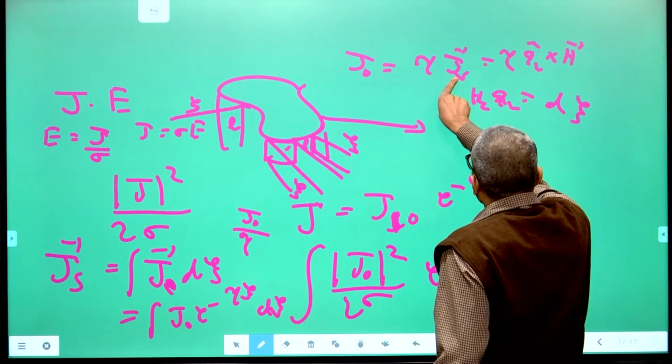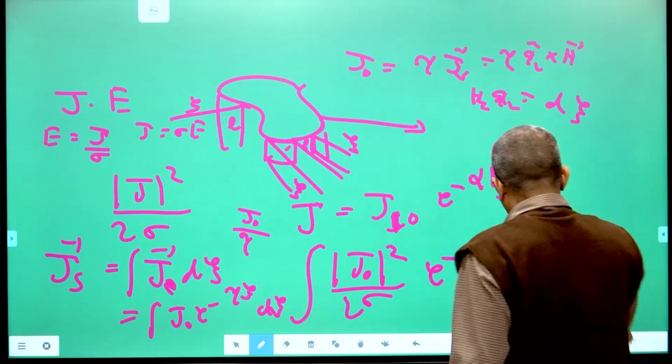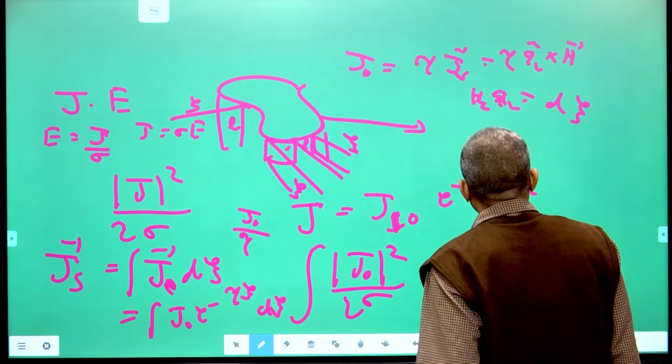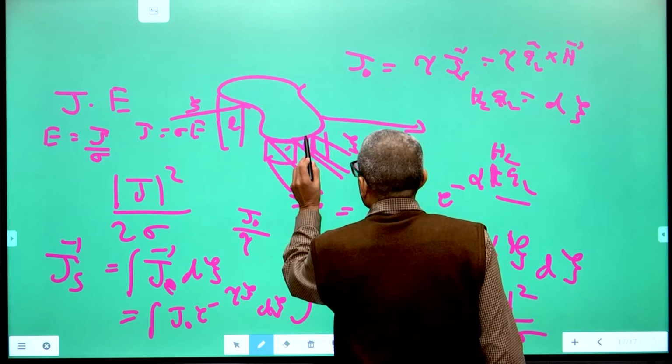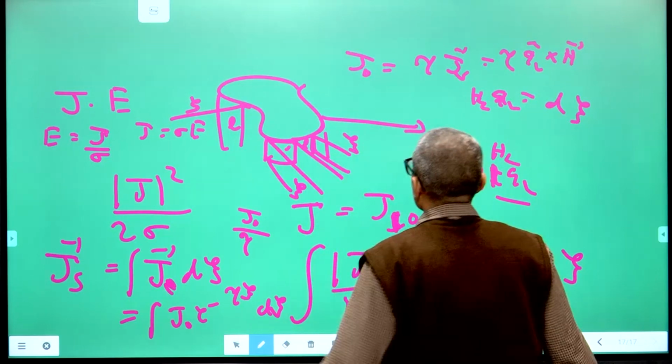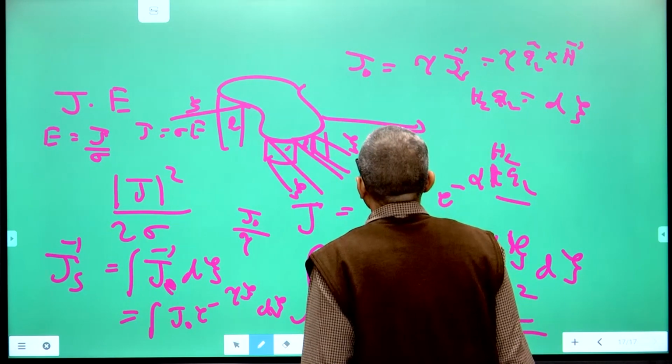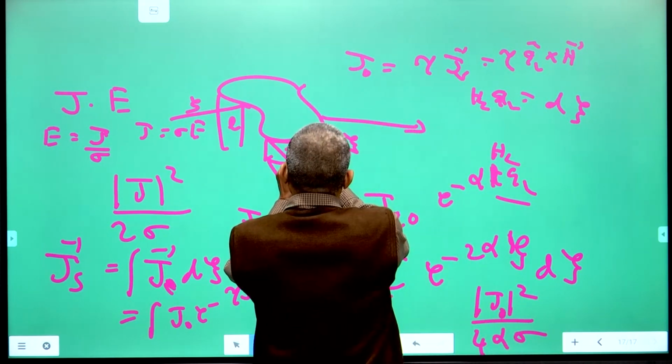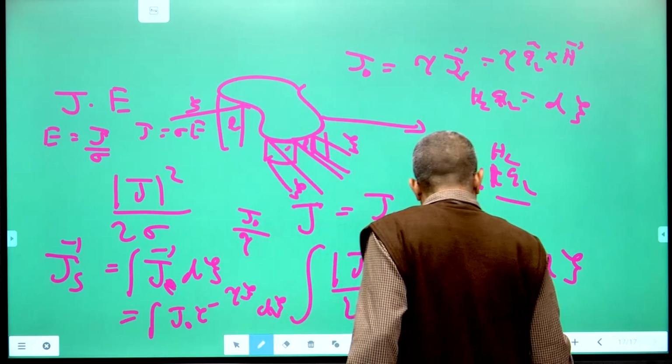So you substitute that into this expression and that into this to get the expression for the power dissipated in terms of the magnetic field on the surface, namely in terms of Hz and H1.